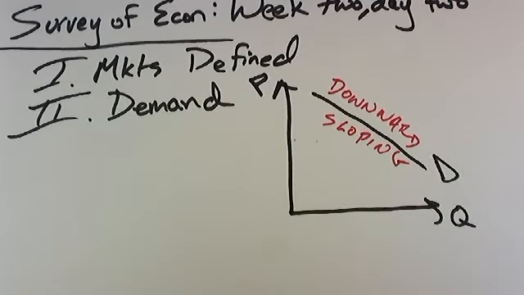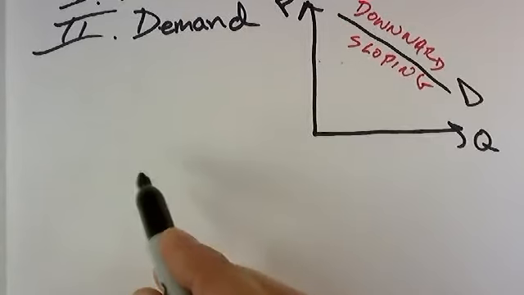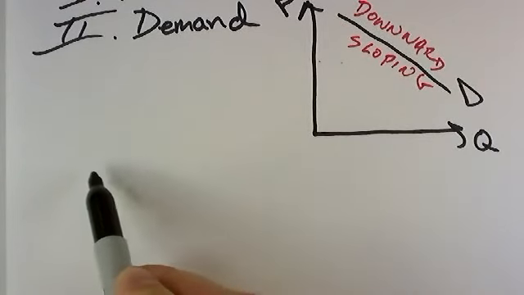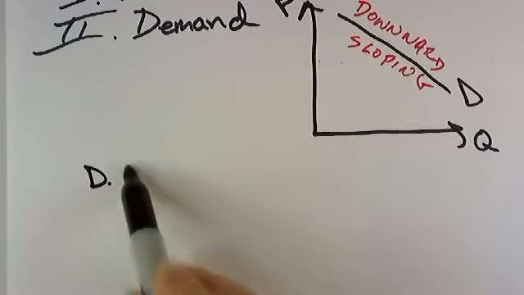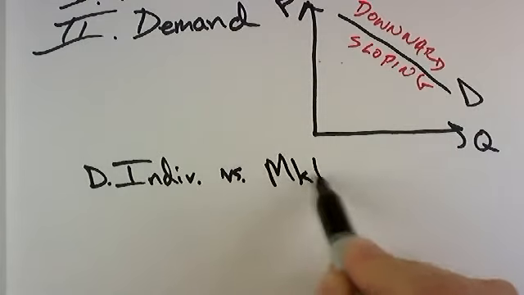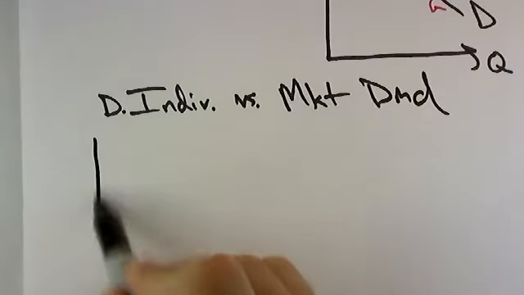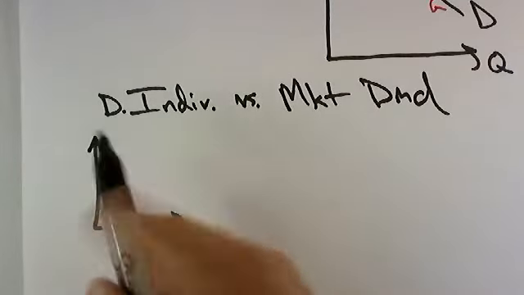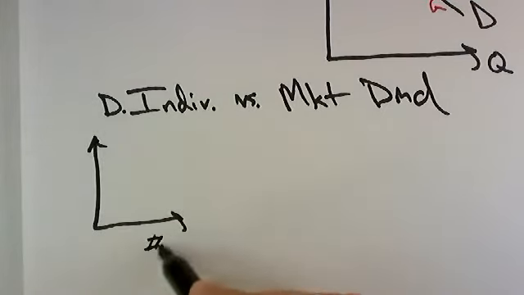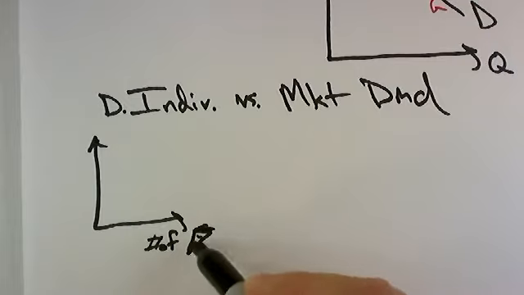So when we're talking about market demand, we all have an individual demand for something. So we could think about individual versus market demand. When we're talking about individual demand, we could say number of pieces of pizza. It's my good attempt at pizza, pepperonis.